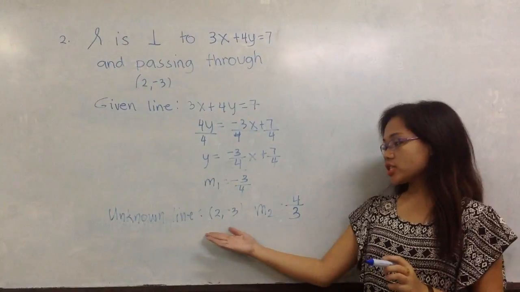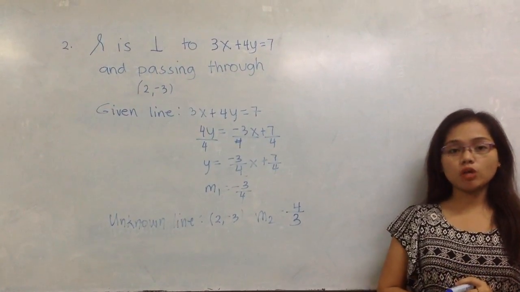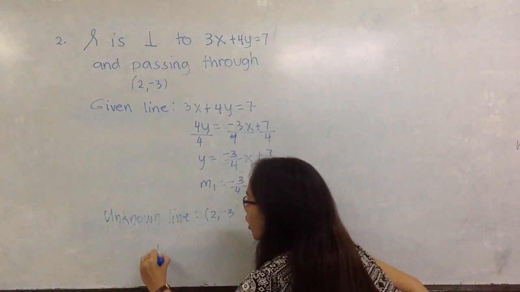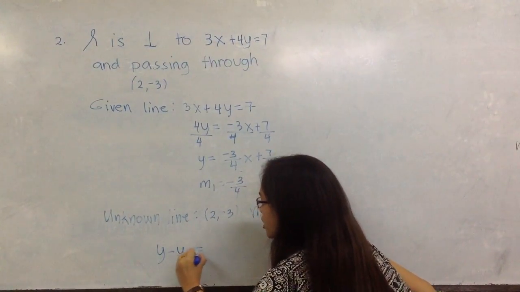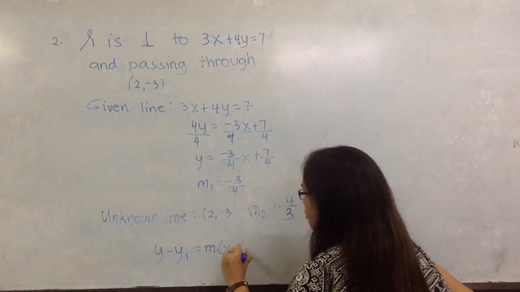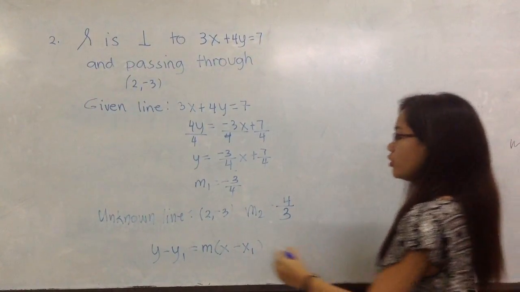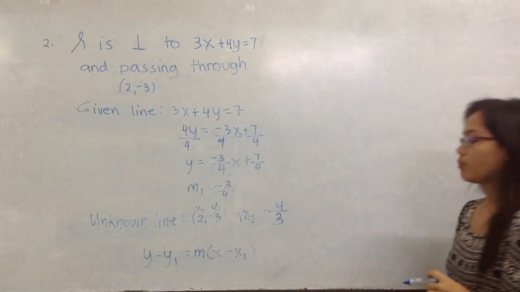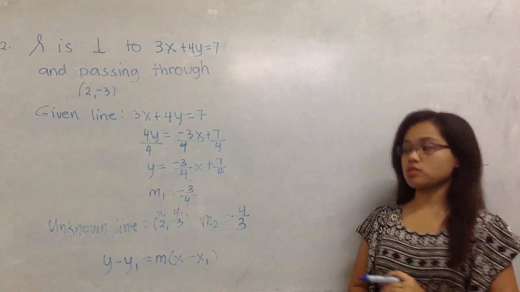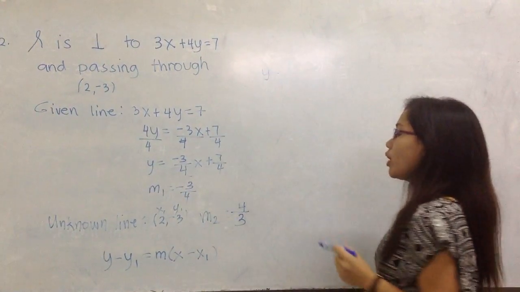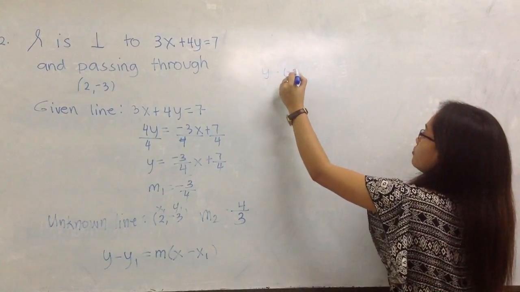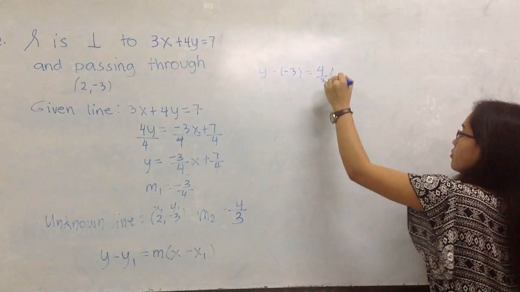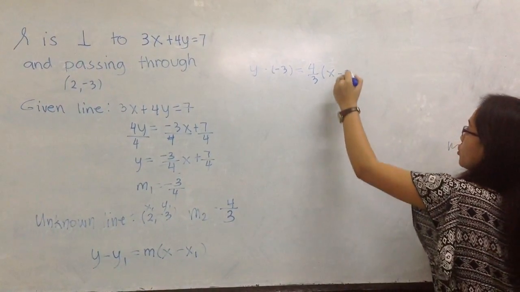Now, through this given point and slope, we can actually find the equation using the point slope form, which is in the form of y minus y1 equals m times x minus x1. So we will assign x1 is 2, and y1 is negative 3. So now, let's substitute the values. So y1 there is negative 3, the slope is 4/3, and the x1 is 2.